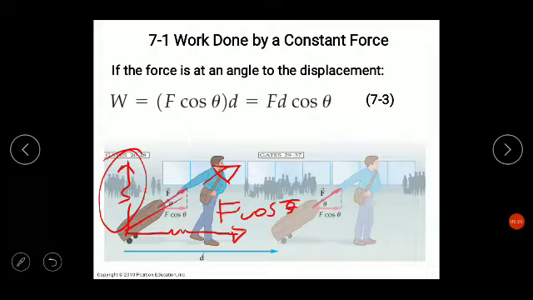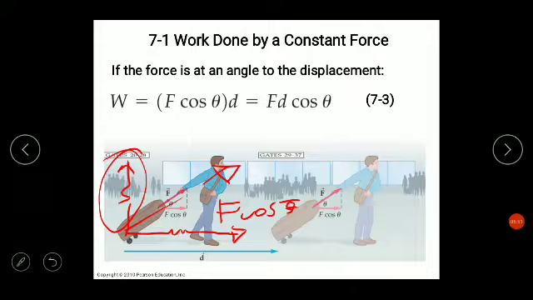The component of force that does work on the object is the component along x. Again, force and displacement should be parallel so that we can define work.